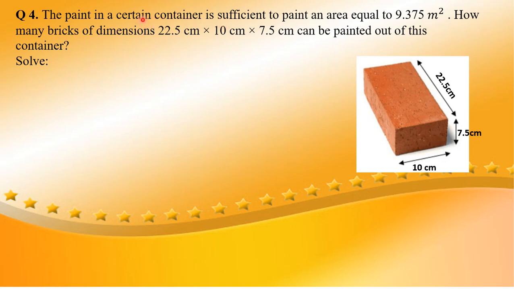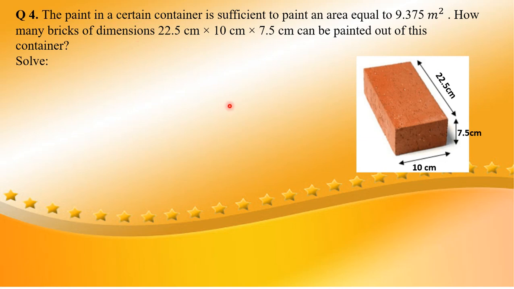Remember, the question is saying whatever the quantity of paint in the container, we are able to paint 9.375 meters square of total area. But if we apply the paint of the same container to bricks, and the dimensions of the bricks are given, how many bricks can we paint with the paint of the container?